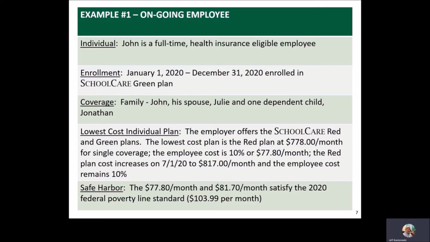The $77.80 per month and the $81.70 per month satisfy the federal poverty line standard of $103.99 per month. Looking specifically at Form 1095-C, let's review Part 1.